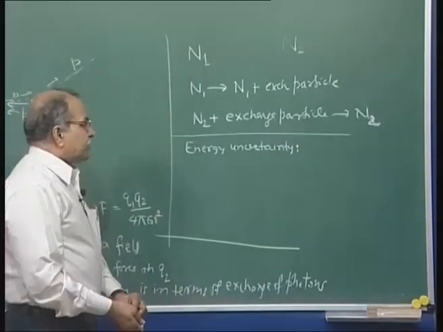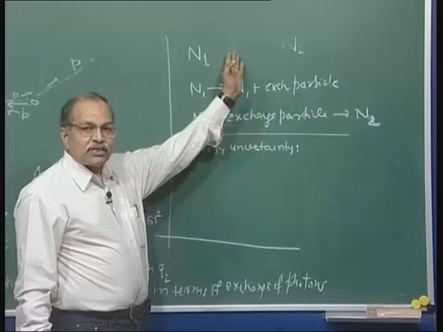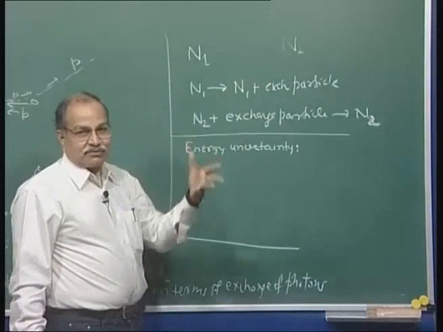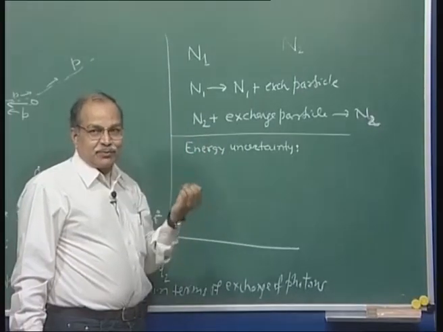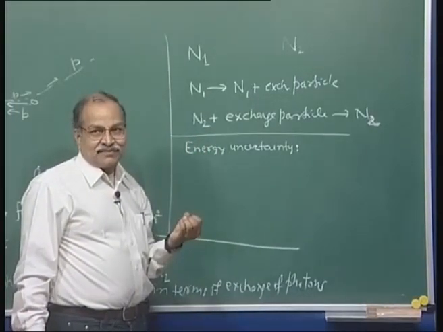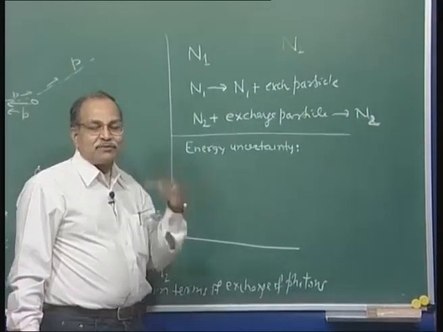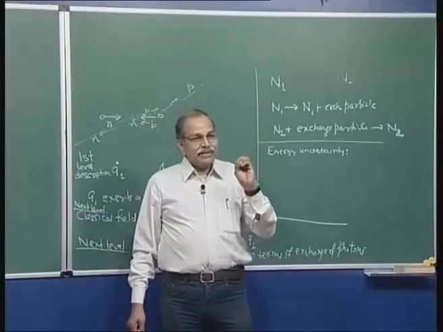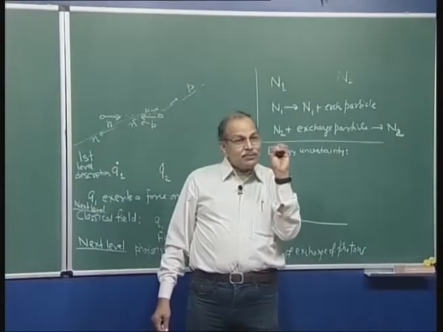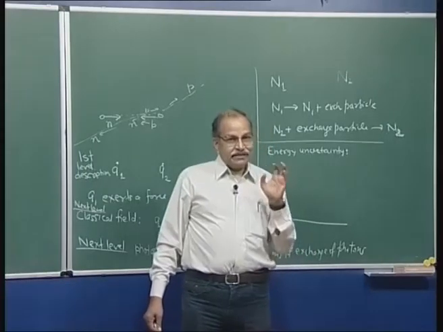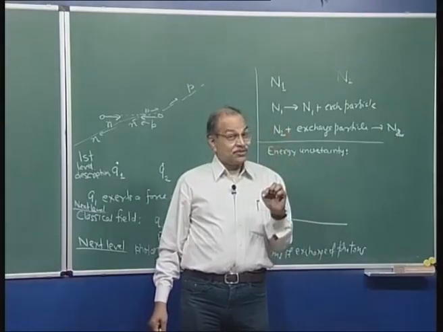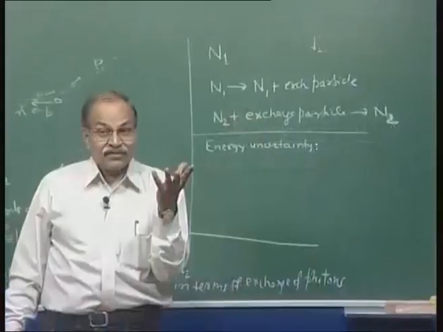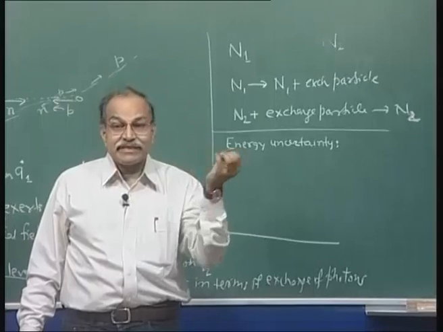Okay. If a non-zero rest mass particle is emitted from a proton and this proton still remains proton or becomes neutron, mass wise it is the same. So, if a virtual exchange particle is emitted and this nucleon still remains a nucleon, that means that extra energy has been created, which is the rest mass energy of that exchange particle.